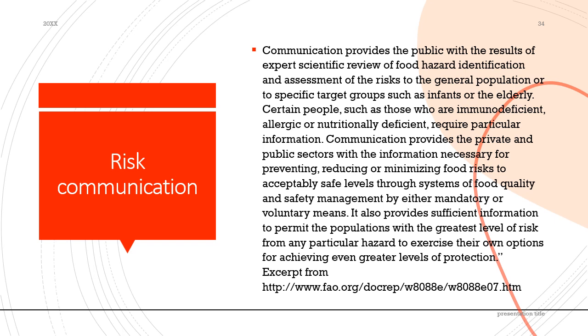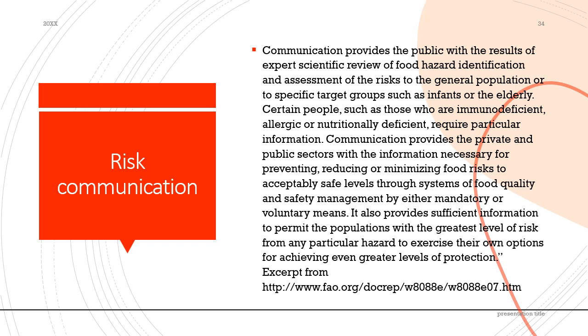Certainly, people who are immune deficient, allergic, or nutrient deficient require particular information. Communication provides the private or the public sector with the information necessary for preventing, reducing, or minimizing food risks to acceptable safe levels through systems of food quality and safety management, by either mandatory or voluntary means.